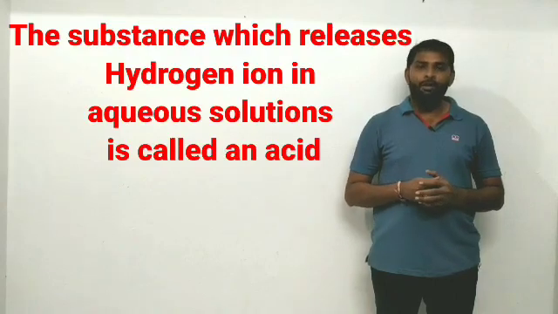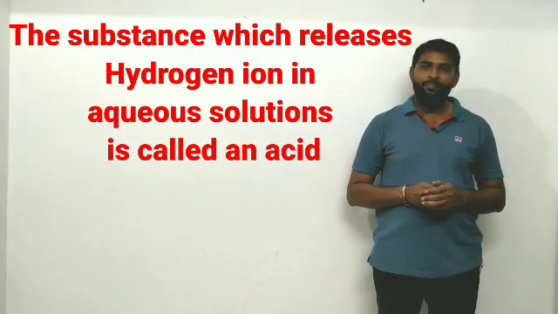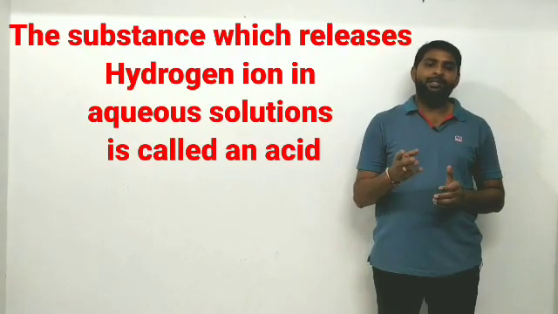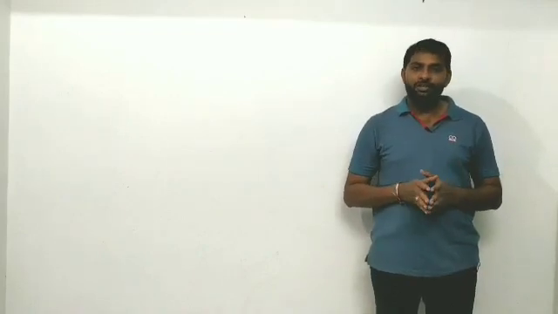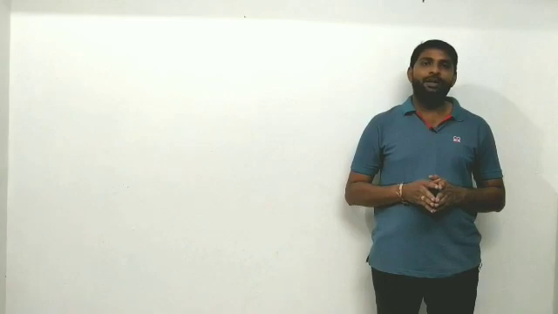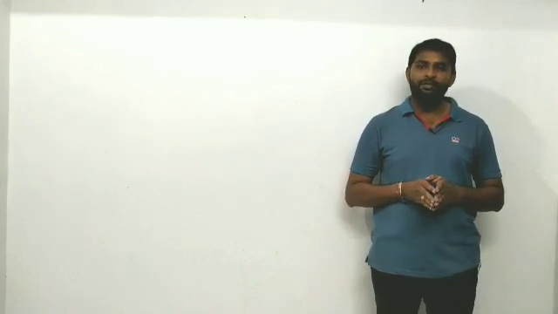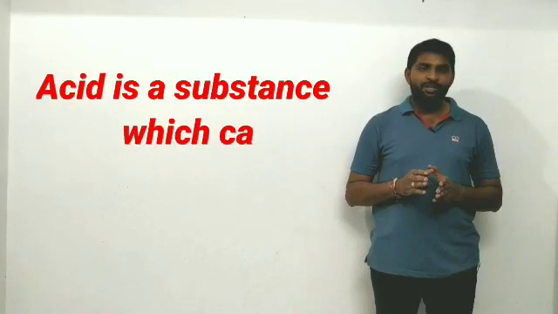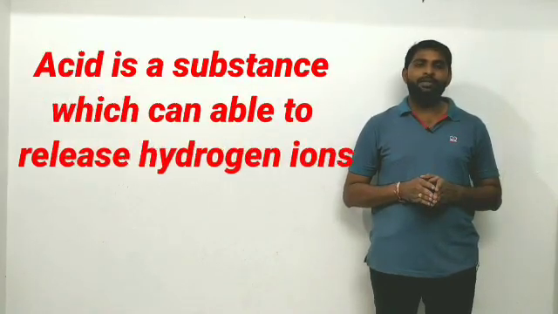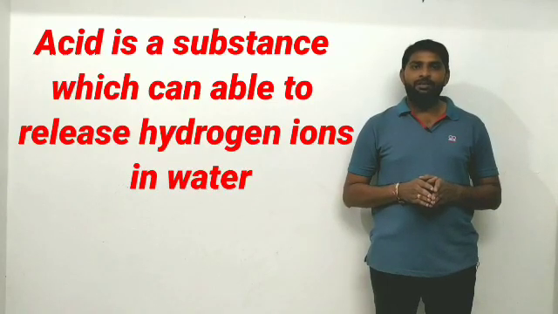Then it is called an acid. What happens when acid is added to water? Acid undergoes ionization and gives H plus ions, hydrogen ions. Acid is a substance which is able to release H plus ions in water.